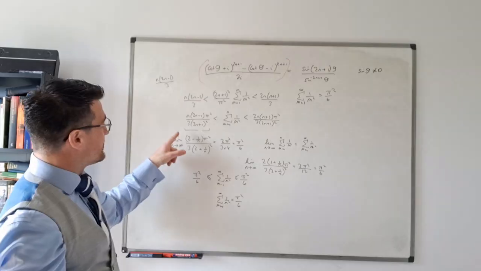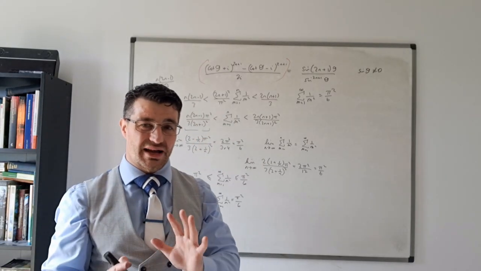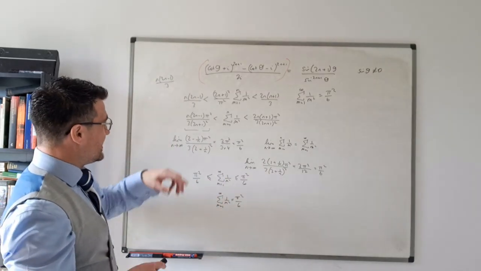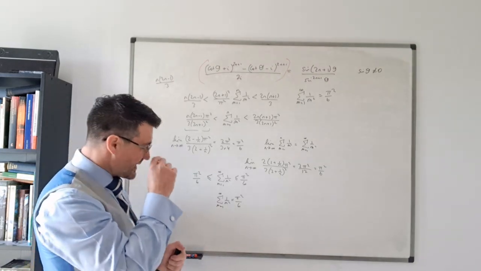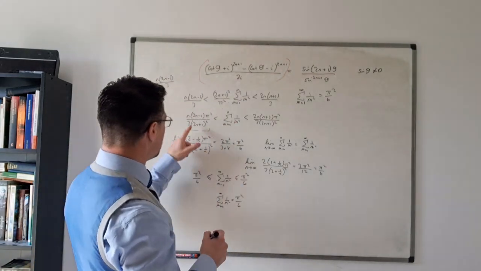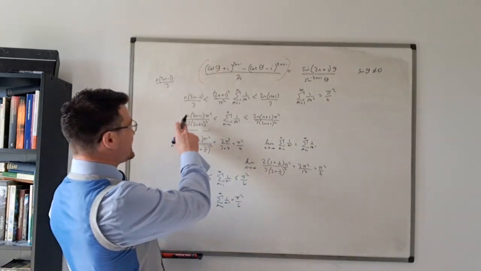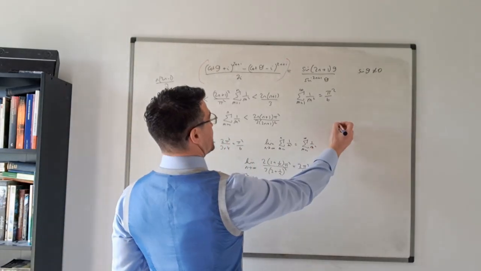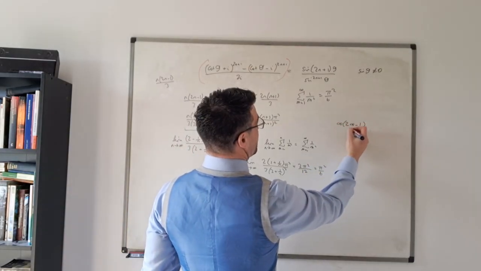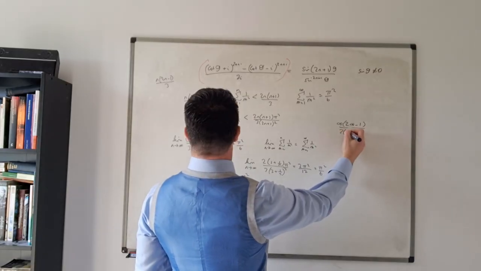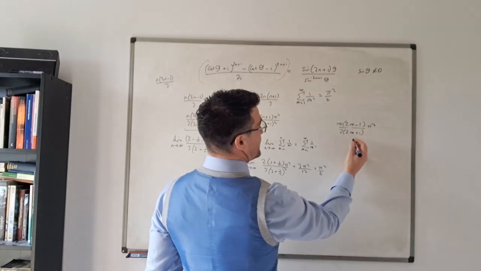How I've gone about finding these limits, there are different ways at A level that you might be shown. Some people, I don't recommend this too much, but let's say I wanted to find the limit of this. What some people might tell you to do is just replace n with infinity. So you'll get something like infinity times 2 infinity minus 1 over 3 times 2 infinity plus 1, times pi squared.